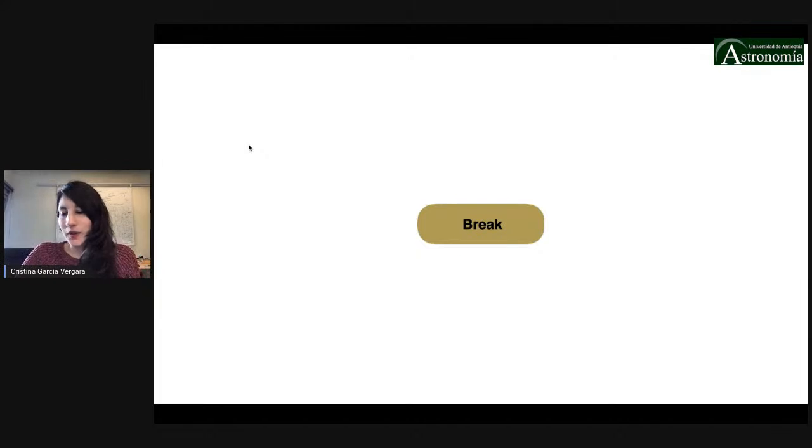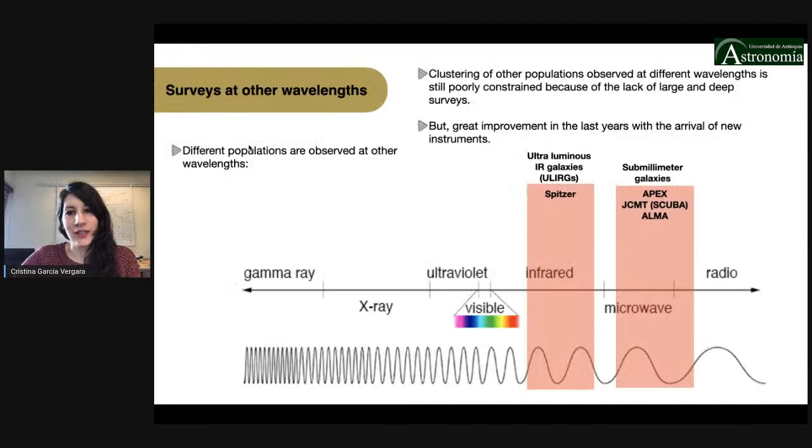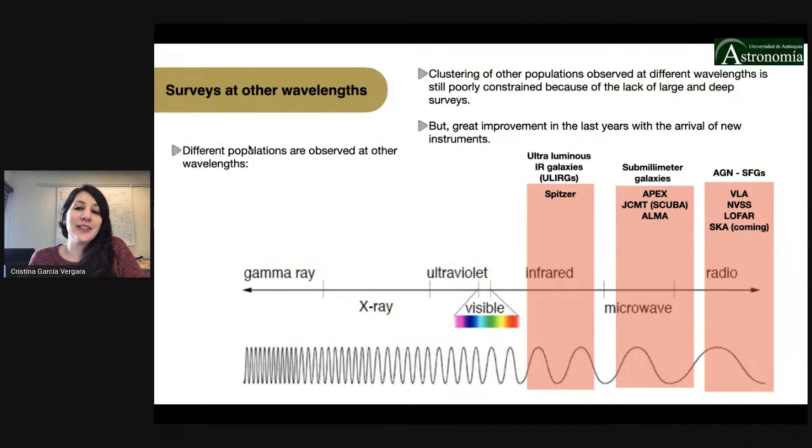Okay, then we will continue with what we were talking about. In the last part of the previous part of the lecture, I showed you this slide just to introduce what I'm going to talk about right now.